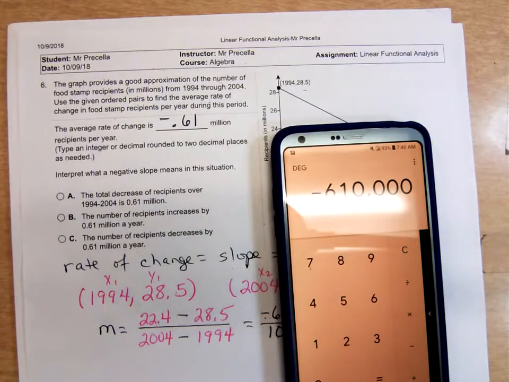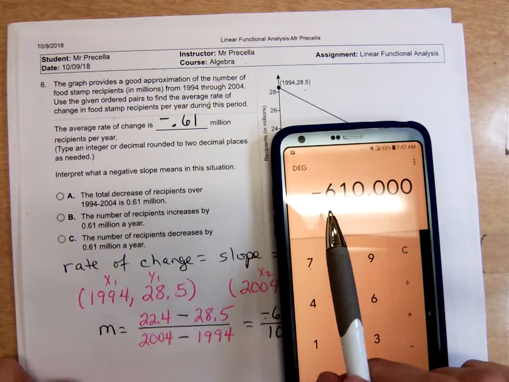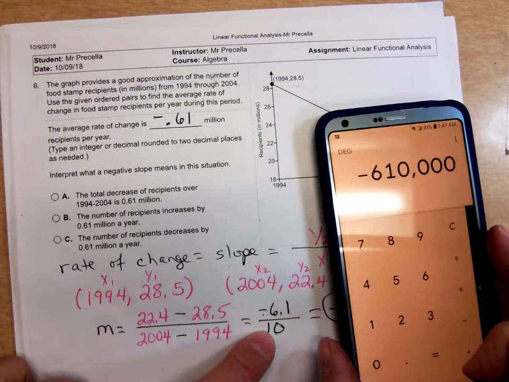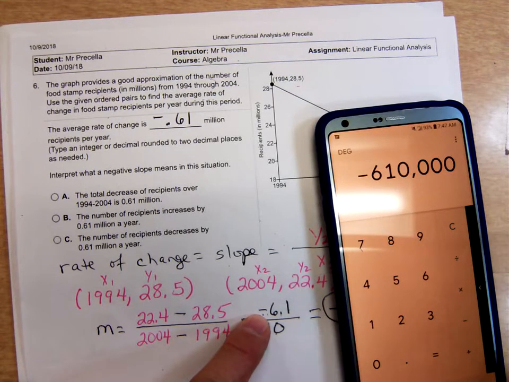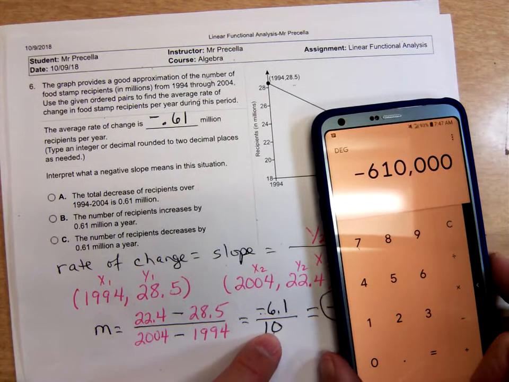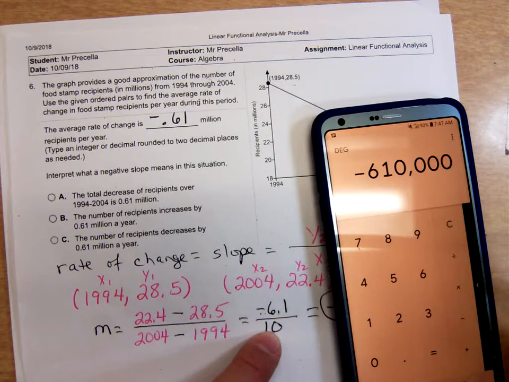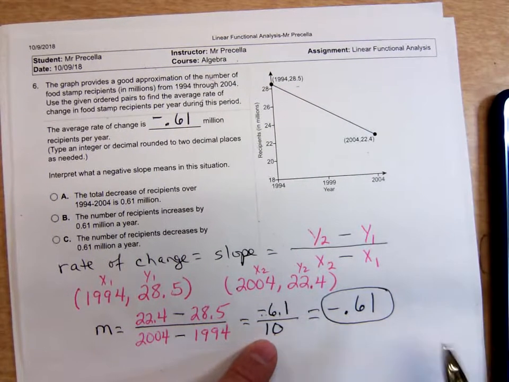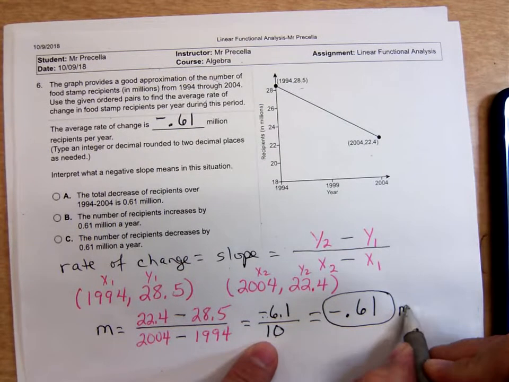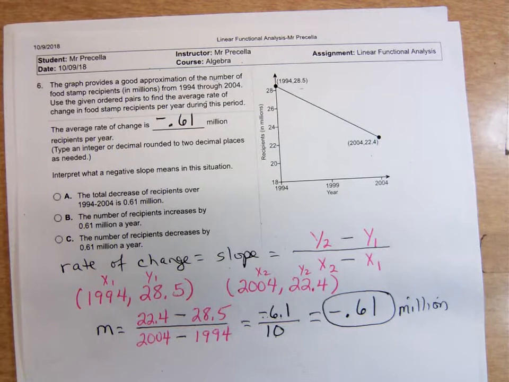So over a 10-year period, the number of food stamp recipients decreased by 6.1 million. That means on the average, each year it was decreasing by 610,000. But you're not going to punch 610,000 anyway. I just want to make sure it's clear what that 0.61 million means, just like 500,000 would be 500,000.